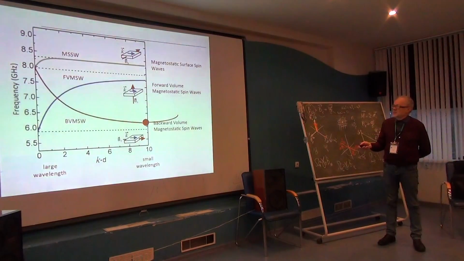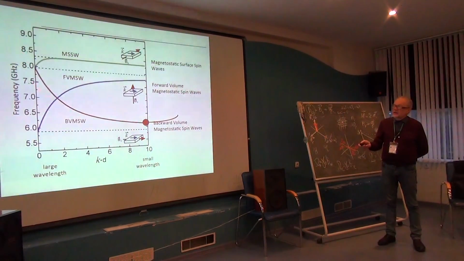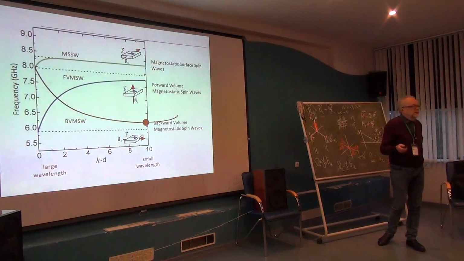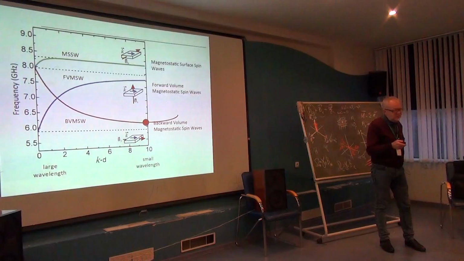These are so-called backward volume magnetostatic spin waves. They have the minimum of energy. That is why they are very stable, in conditions of about 10⁻⁵ inverse millimeters.